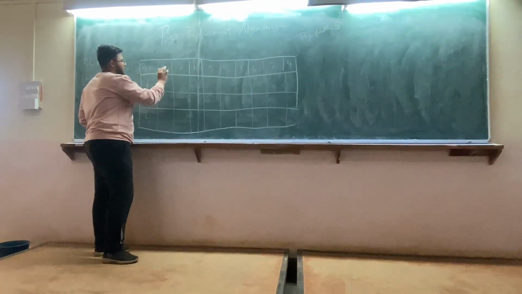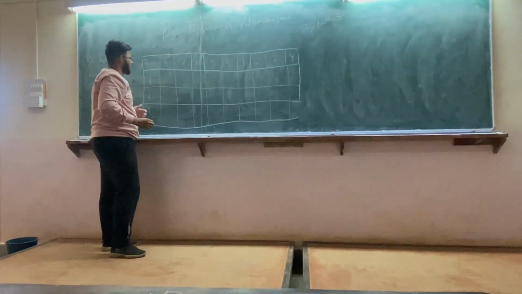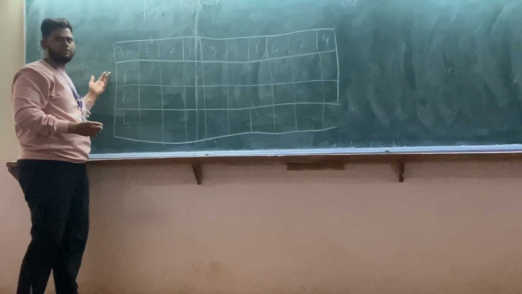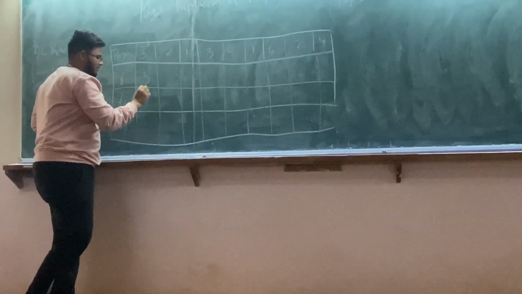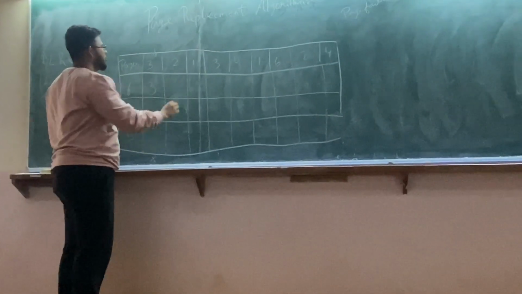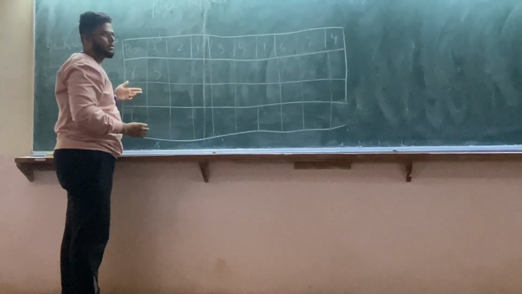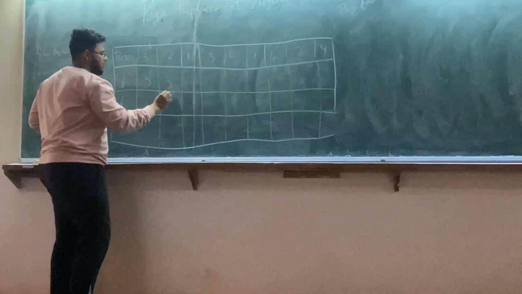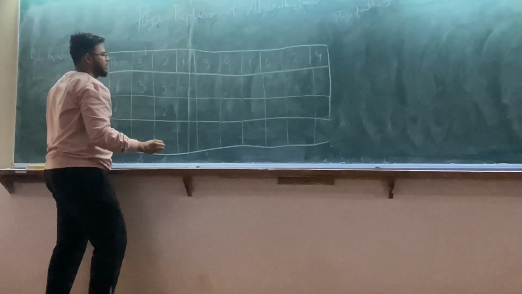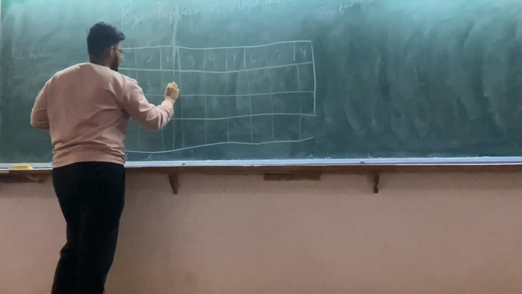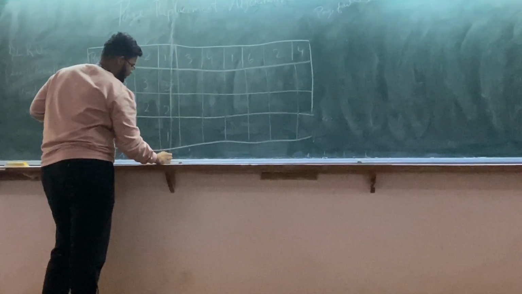The example is like 3 enters the frame, but it was not loaded first, so it becomes a fault. Now 2 occurs. 2 also is not present in the frame, so it becomes a fault. Now comes 1. 1 is also not present. It becomes a fault.